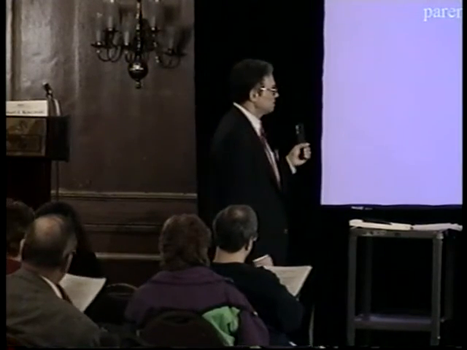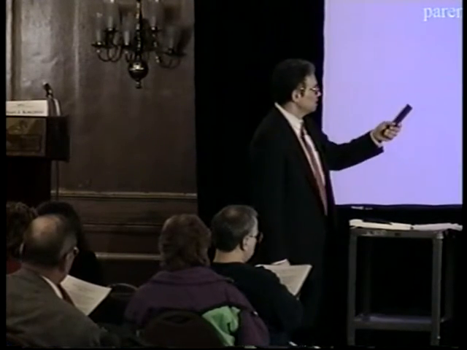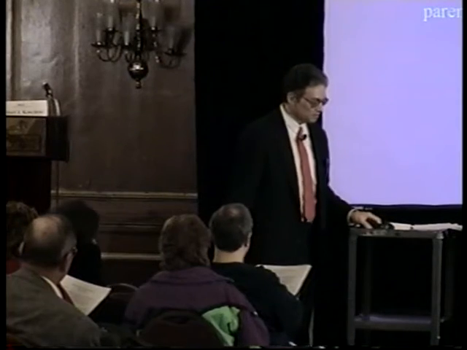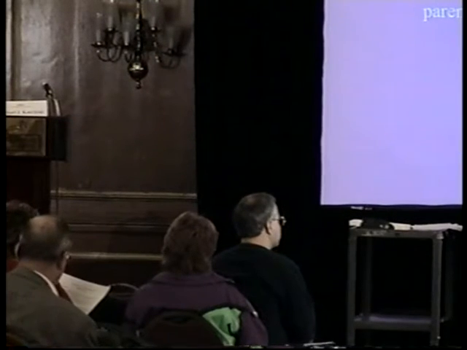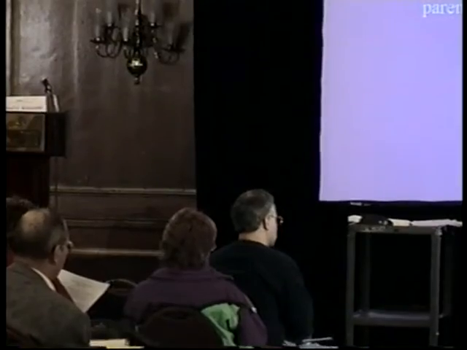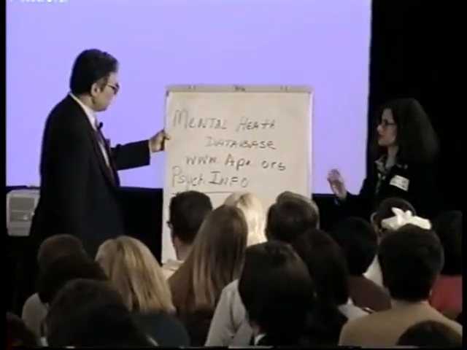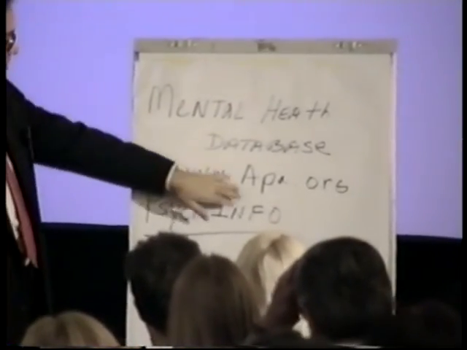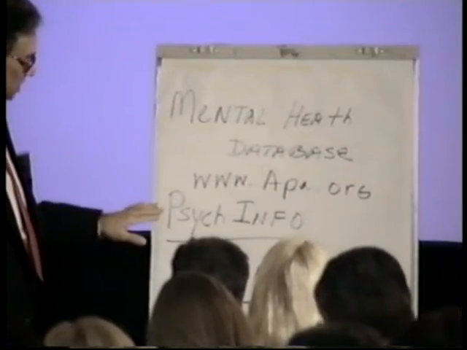Good way to find instruments, by the way. For those of you who are mental health practitioners, you may not be able to see this, but as I said, I'm going to leave this up. The mental health database run by the American Psychological Association, APA.org, is called PsycInfo.